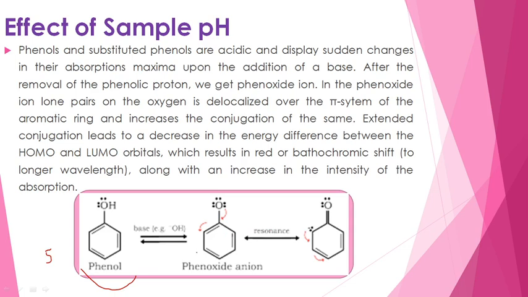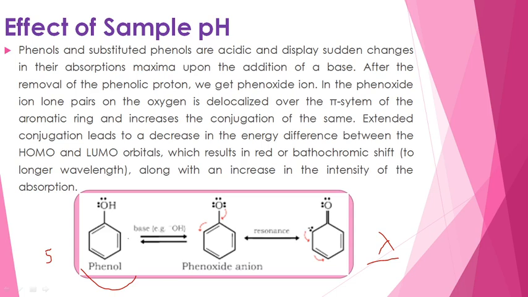We already know that on increasing the conjugation, the lambda max must increase. That means you will experience a bathochromic shift. That means the conversion of phenol to sodium phenoxide, you will experience an increase in the lambda max value.